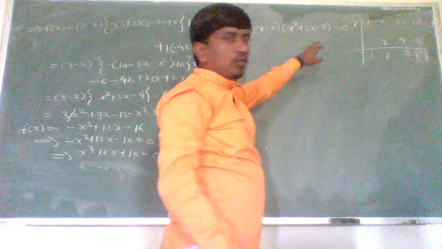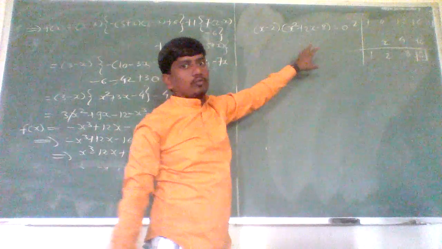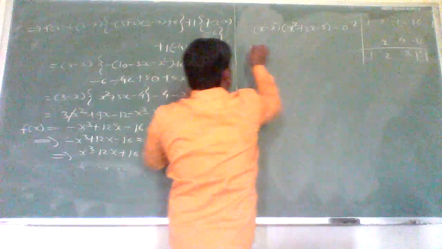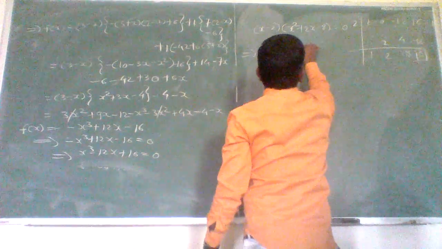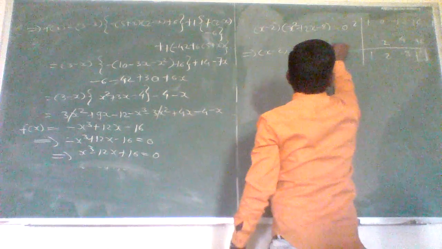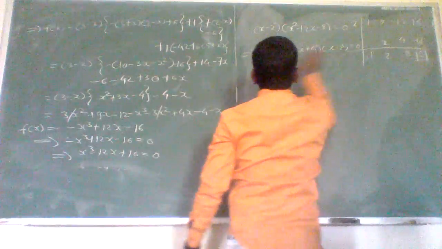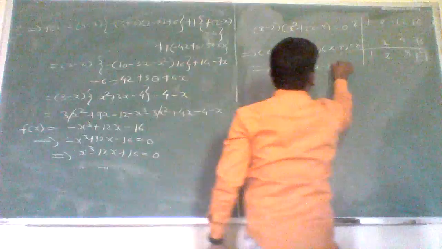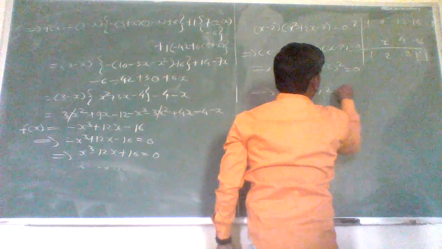Now we have to find two values whose sum is 2 and product is minus 8. Let us say 4 and minus 2. If we take 4 and minus 2, then 4 minus 2 is 2 and 4 into minus 2 is minus 8, which gives (x minus 2) into (x plus 4) into (x minus 2) equal to 0, that is (x plus 4) into (x minus 2) square is equal to 0. Therefore, its characteristic values are minus 4 and 2, 2.